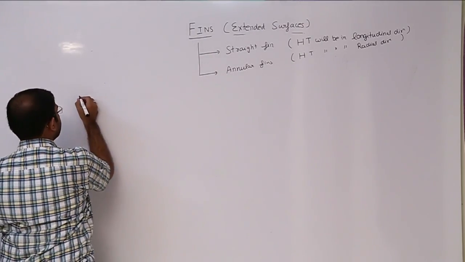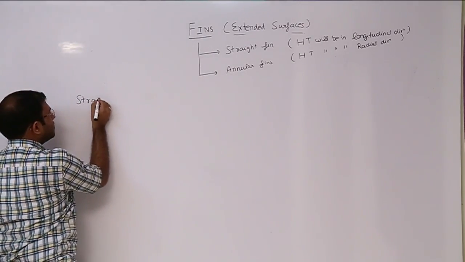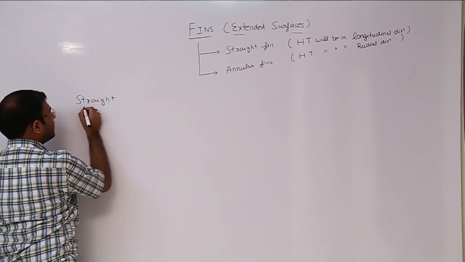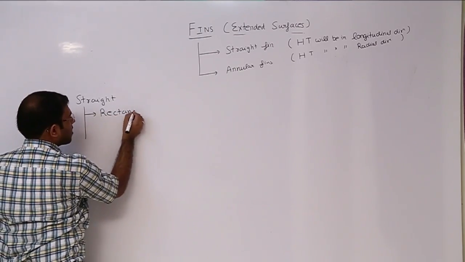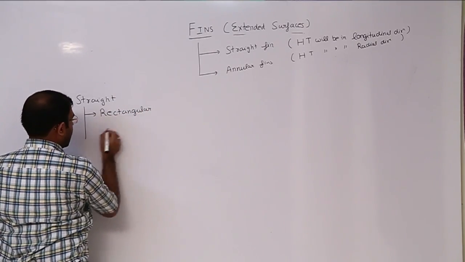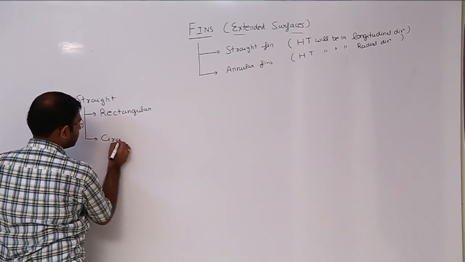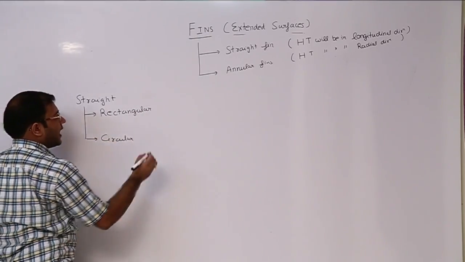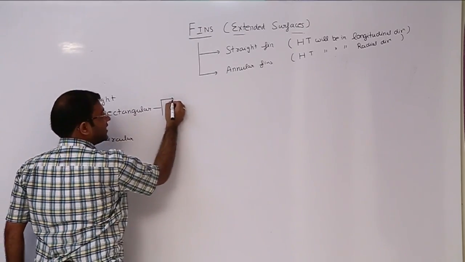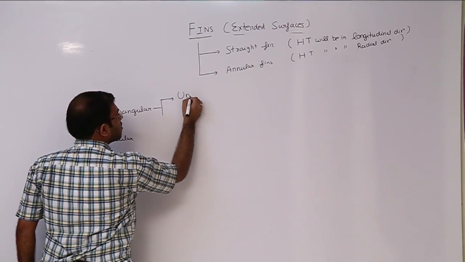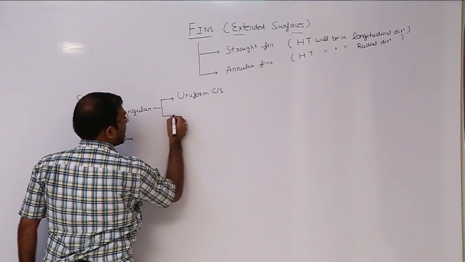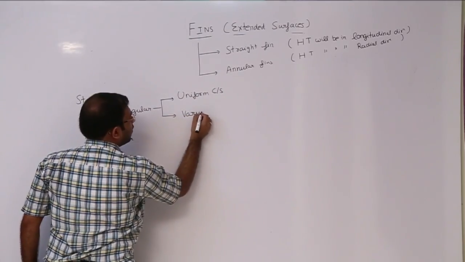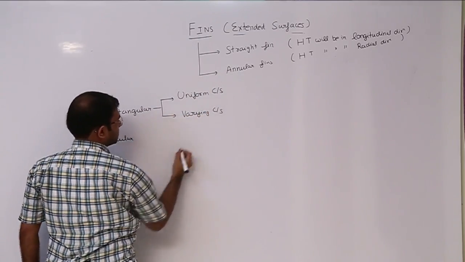Now again, straight fins are of two types, rectangular and circular. And this rectangular is again of two types, uniform cross section and varying cross section.